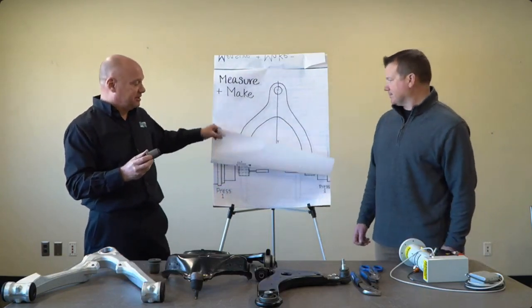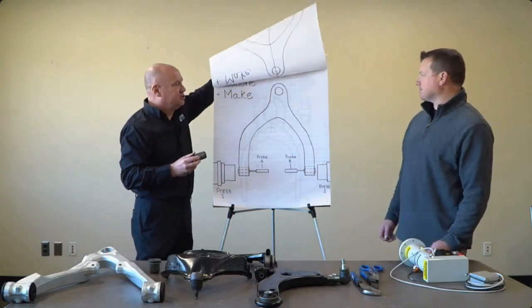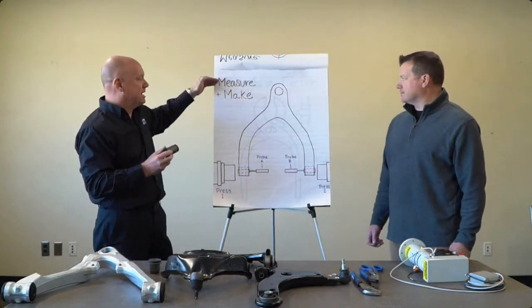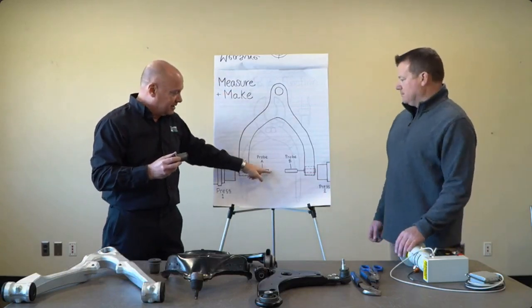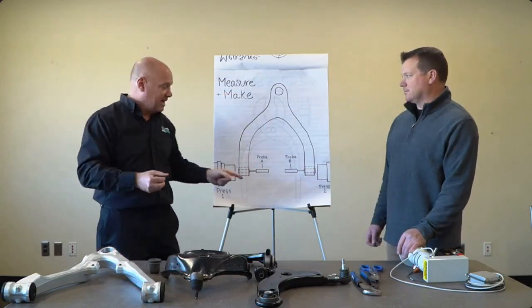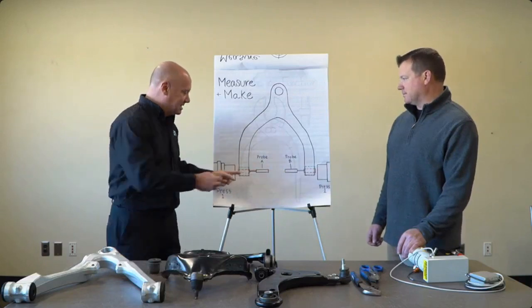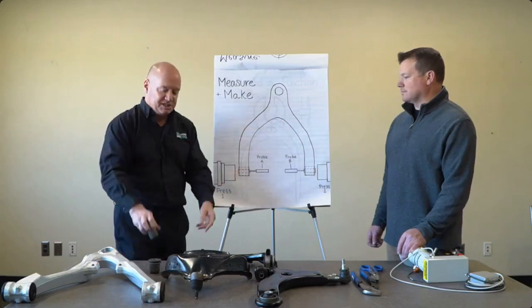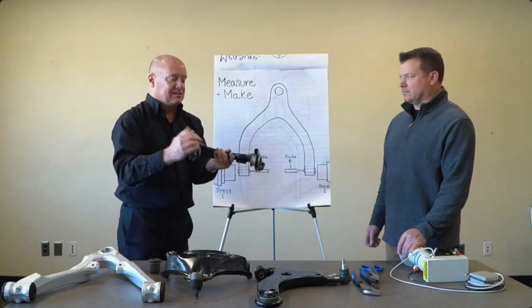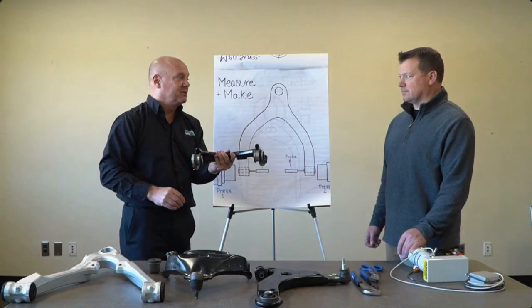So the solution for that is this measure and make technique, where the machine fixturing has probes built into it and is literally gauging, measuring this span as the parts are being assembled.